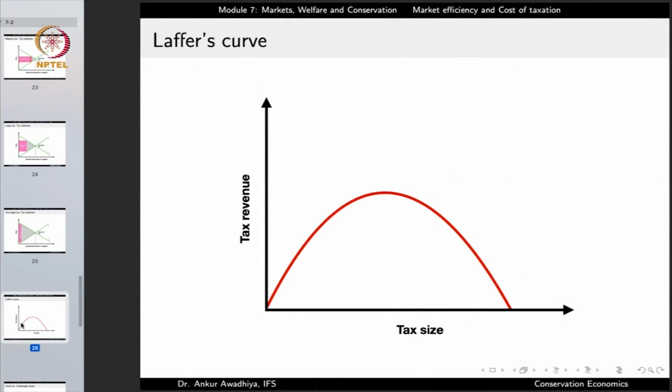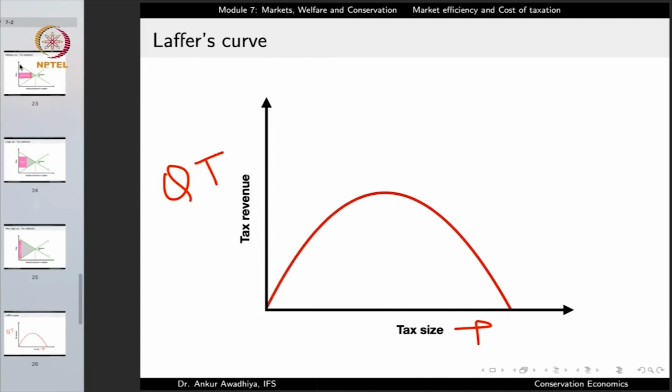Now, Laffer's curve says that if we plot the tax size, T, on the x-axis, and we plot tax revenue on the y-axis, meaning that on the y-axis we are plotting Q times T. So in this case, as T increases, Q into T increases.